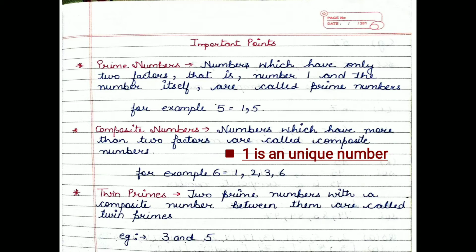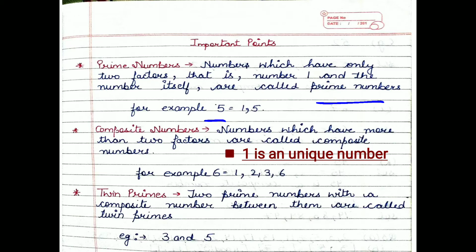Again, I will explain what prime numbers are. Numbers which have only two factors, that is 1 and the number itself, are called prime numbers. Like 5. 5 has only two factors, one is 1 and another is 5, because 5 only comes in its table. Clear? So what are composite numbers? Numbers which have more than two factors.